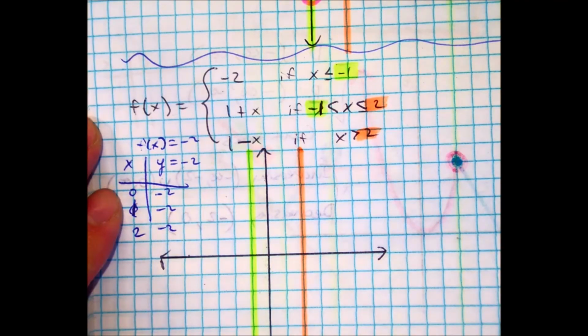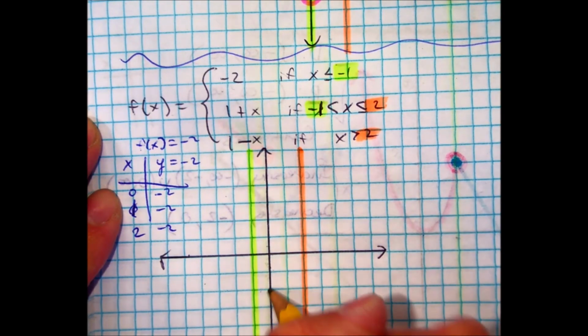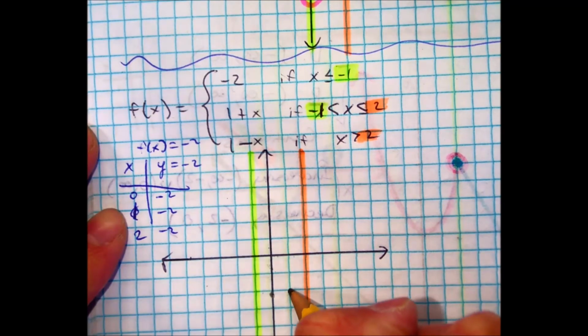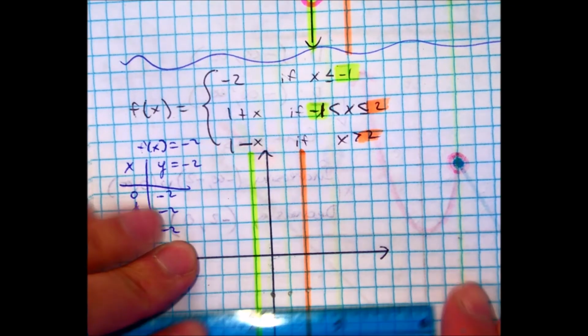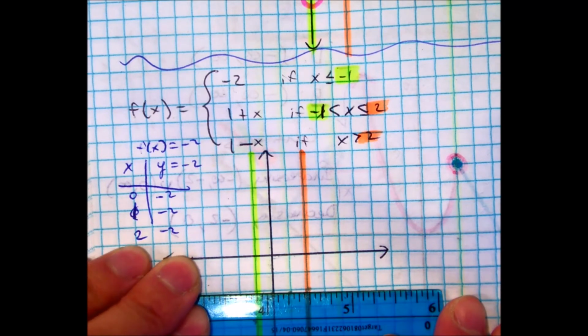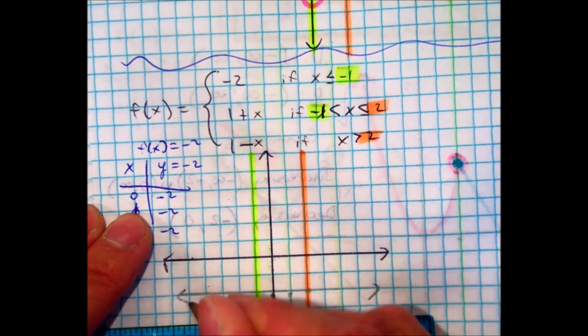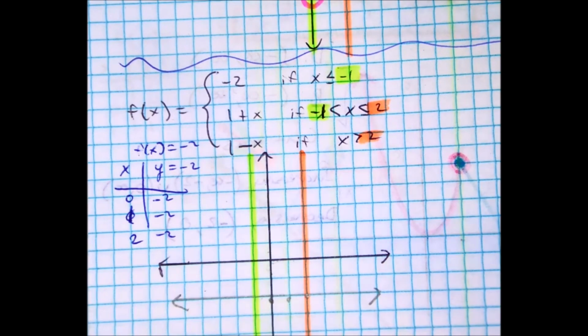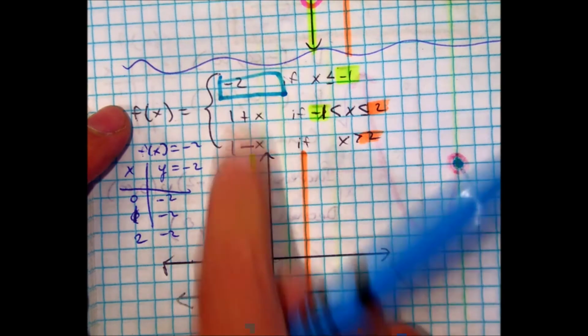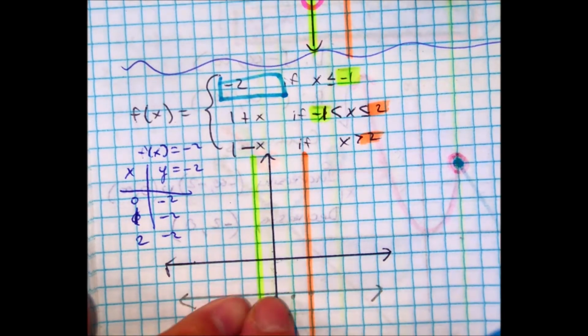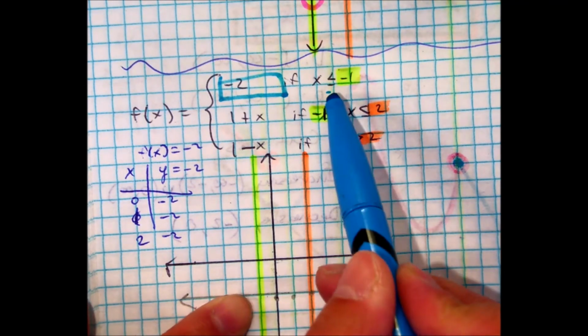So if I graph that, 0, -2, 1, -2, and 2, -2, draw your line. Do this one in blue. At -1 here, is this going to be an open or closed circle?